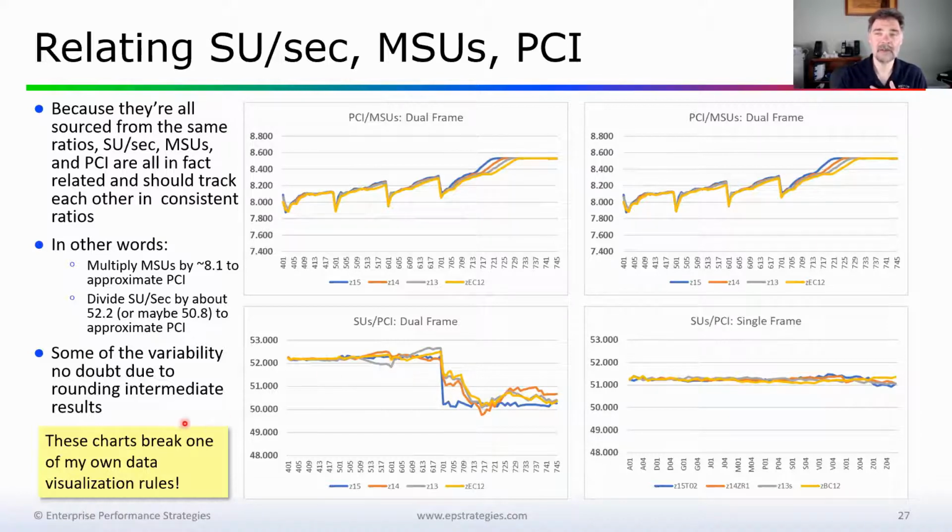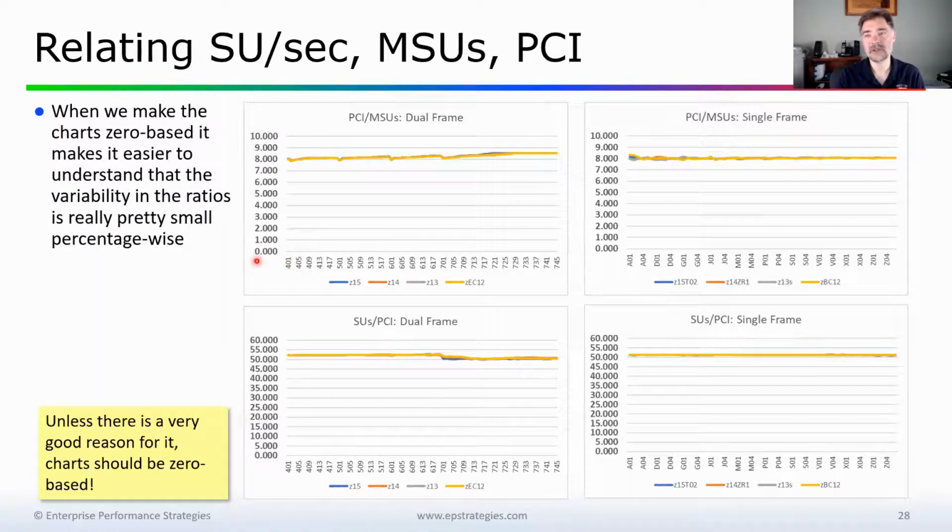So now this may look like, well, there's quite a bit of variation from the low end to the high end here, Scott. Well, it only looks like that because we didn't make those charts zero based. If we actually start those y-axes at 0, you'll see that they're pretty much solid across here, right? The variation in that ratio from here to here is actually not that great, right? It's relatively small.